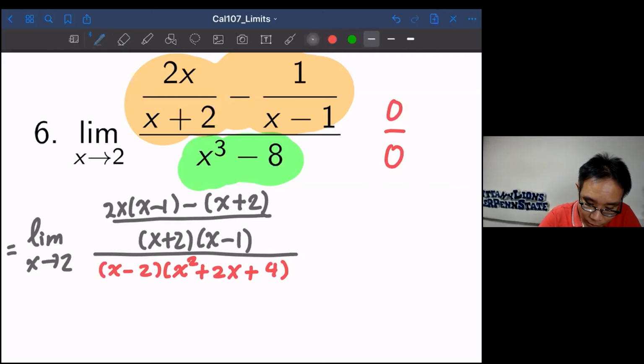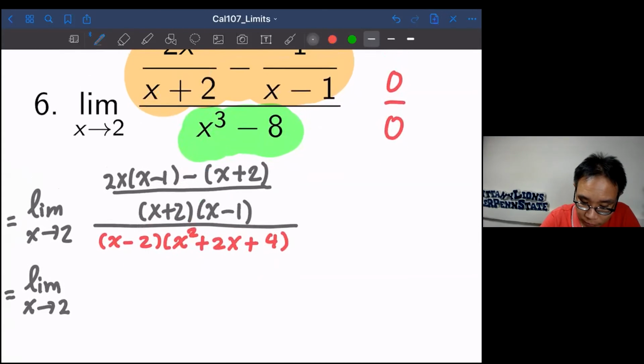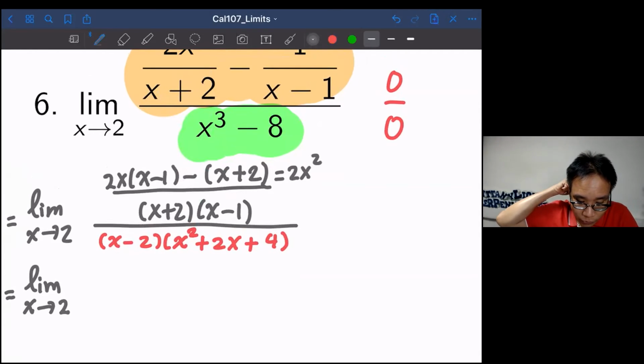Then you simplify the numerator. The numerator becomes 2x squared minus 2x, minus x plus 2.